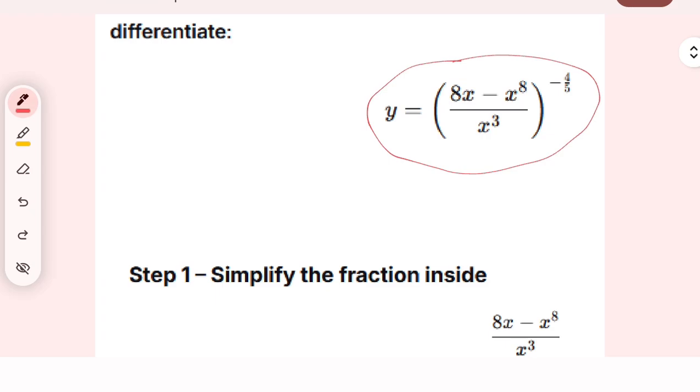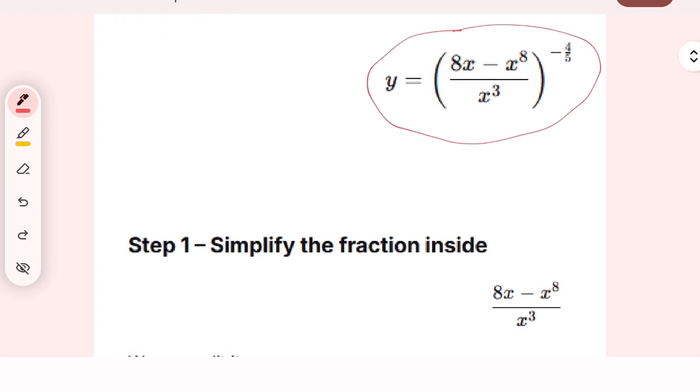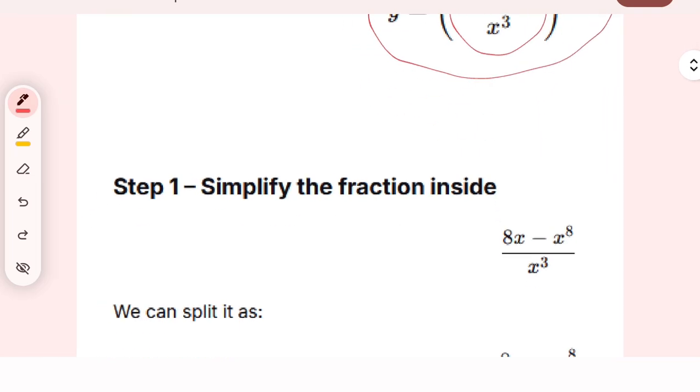So in this case, we need to simplify the fraction inside. This is the one that's inside.